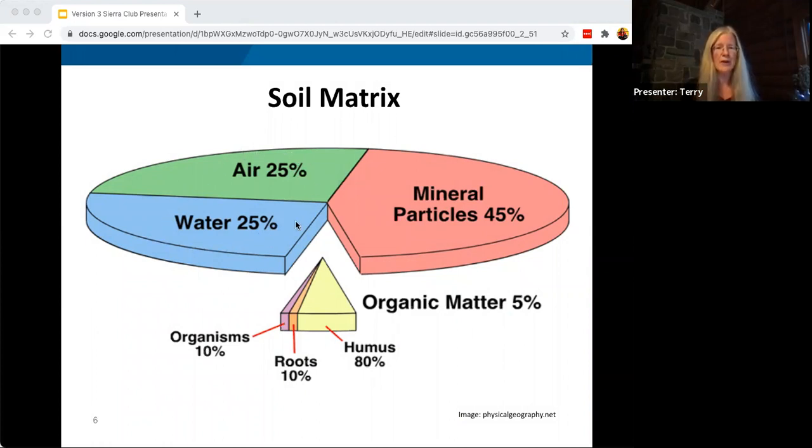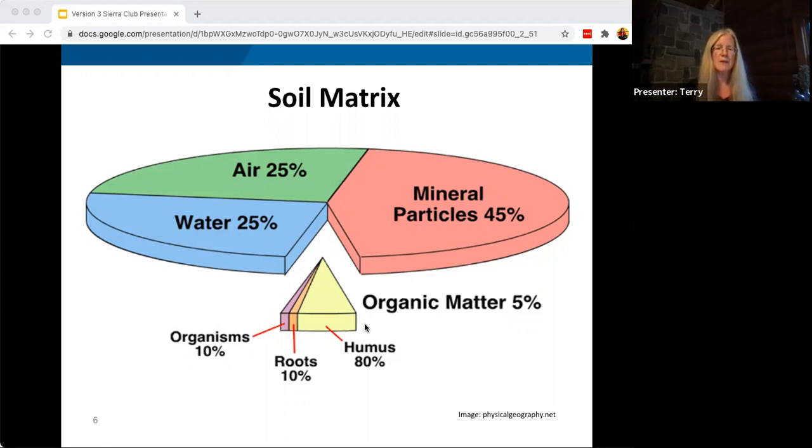It's room for air and water. 45% is the minerals, the sand, the silt, and the clay, that parent rock material that's been broken down over geological time through weathering. And then about 5%, and oftentimes more, and oftentimes less, is the organic matter. That organic matter is key.